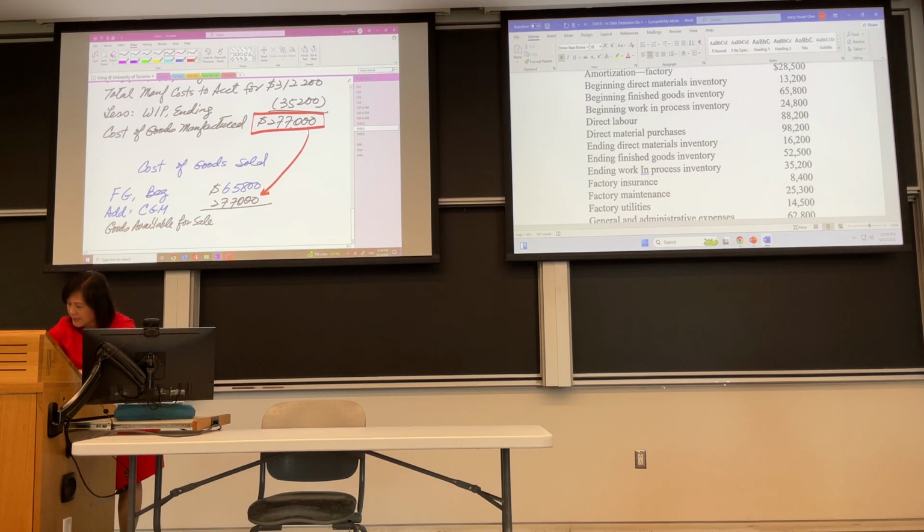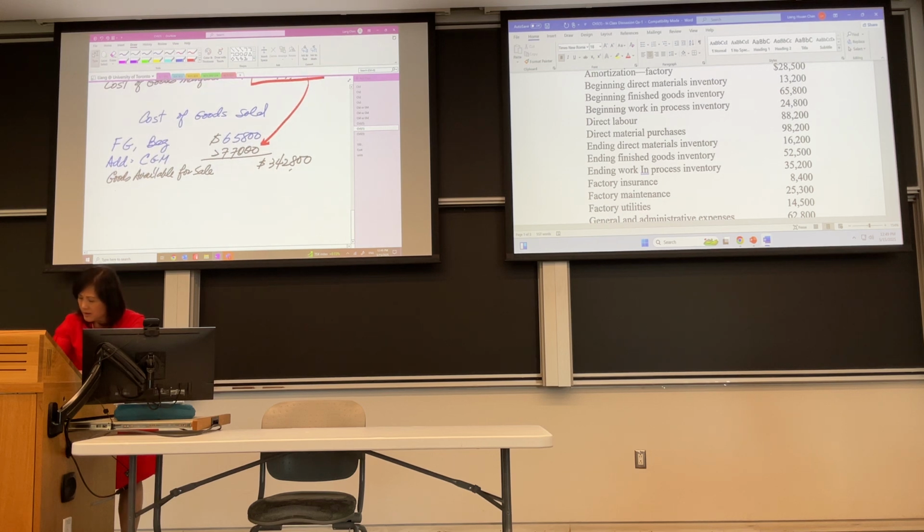Everything available for sale. So 342,800 less finished goods ending. These you did not sell. Leftover. 52,500.